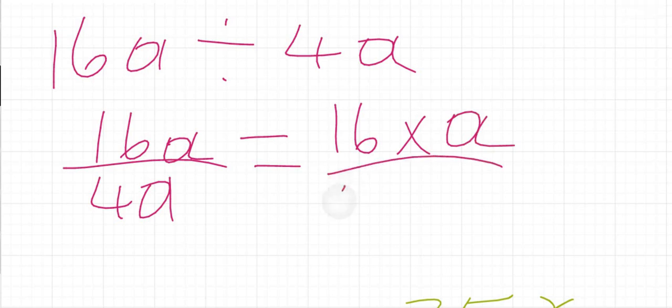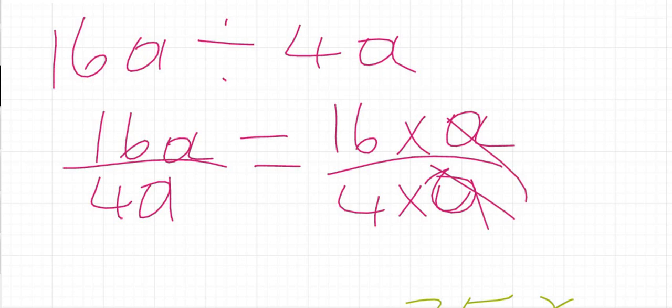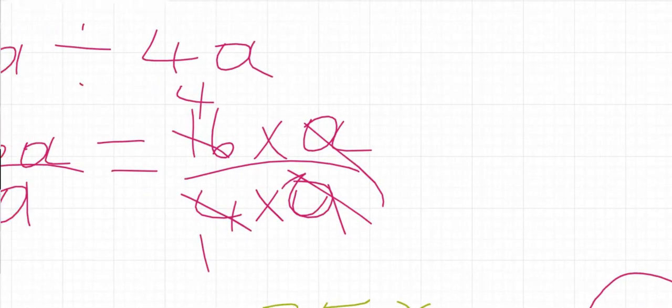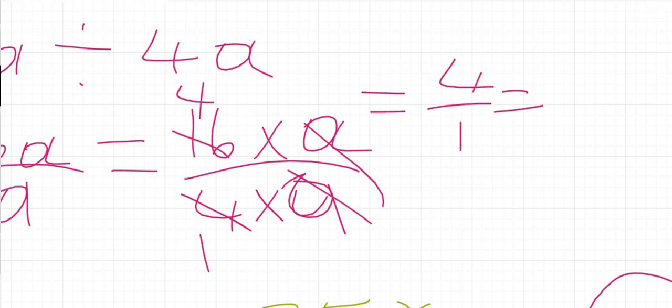We could expand them, and then we cancel a with a. 4 in itself goes 1 time, 16 goes 4 times, leaving us with 4 divided by 1, which is the same thing as 4. Let us look at another one.